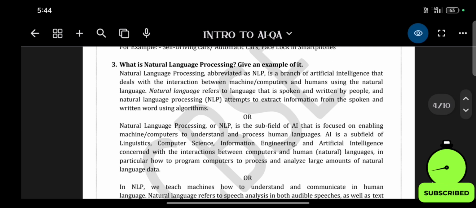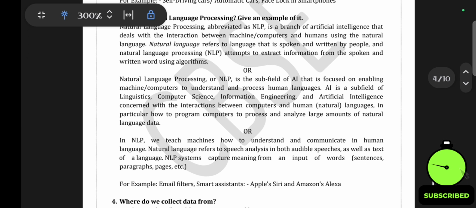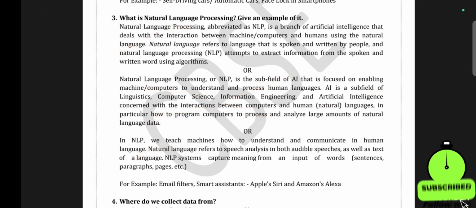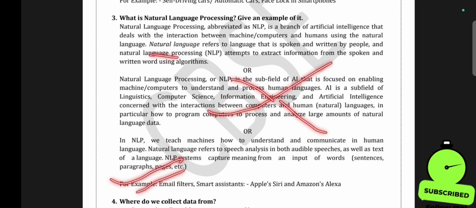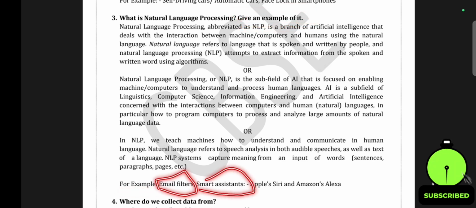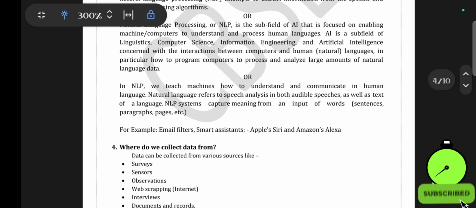So better you can write this one or this one. Don't go for this because this is getting hard to write in your exam. You will not memorize this one. So better you can go through this or go through this. For example, now the second part, give example of email filters, smart assistants like Apple Siri, Amazon Alexa.